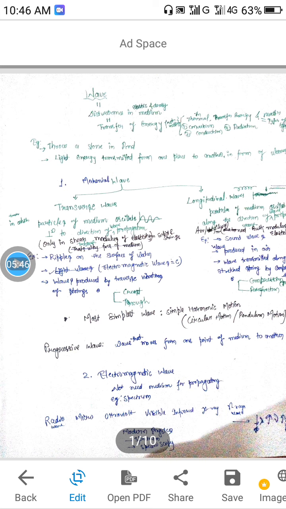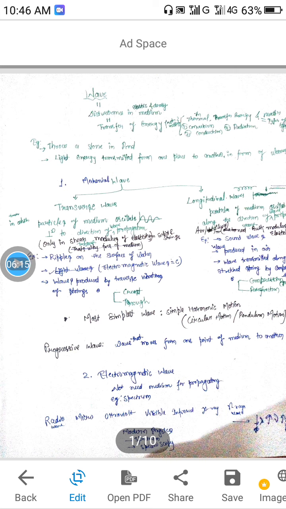On this basis we categorize the two types of mechanical wave, transverse and longitudinal wave. So what is a transverse wave? In a transverse wave, the particles of the medium oscillate perpendicular to the direction of propagation. That is a transverse wave.